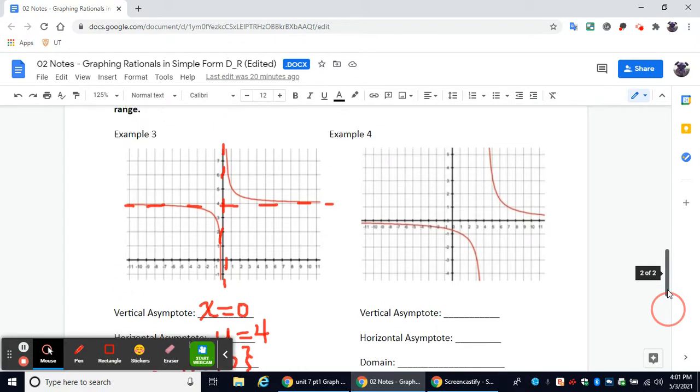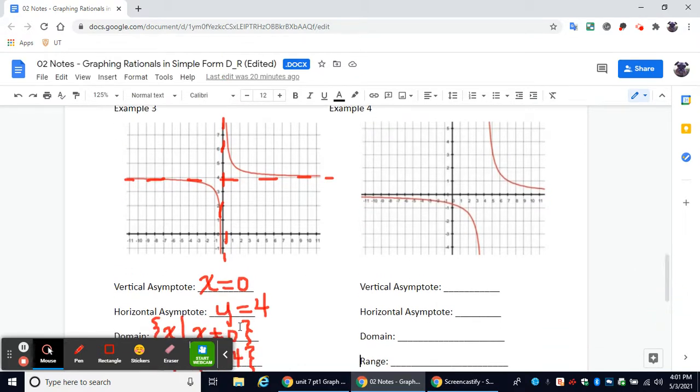Okay, so looking at example number 4 here, we can see that this graph has moved to the right, and it looks like the branches are starting to approach 4 right here. So we can say the vertical asymptote is at x equals a positive 4, but it didn't look like this graph has moved up or down any.